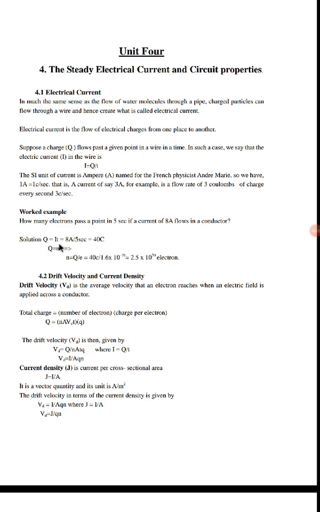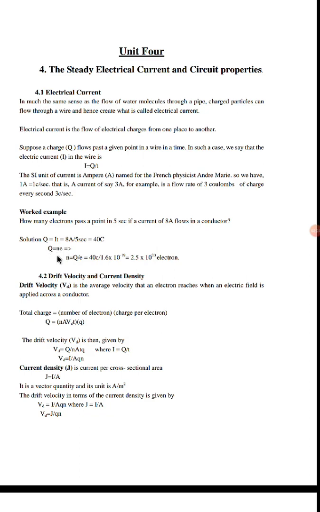Q is the amount of charge, I is the current, t is the time. So Q equals 8 amperes times 5 seconds. Lastly, we have 40 coulombs of charge.